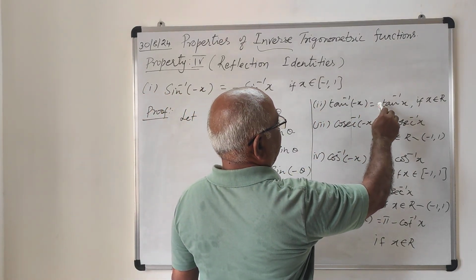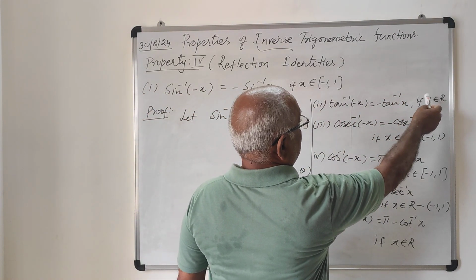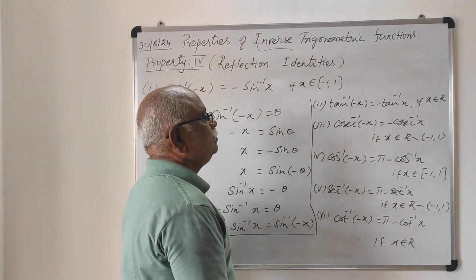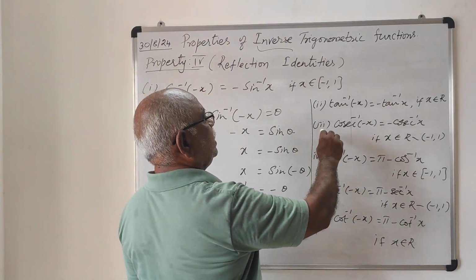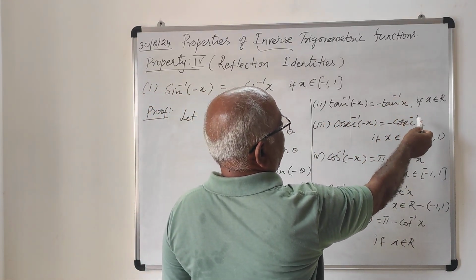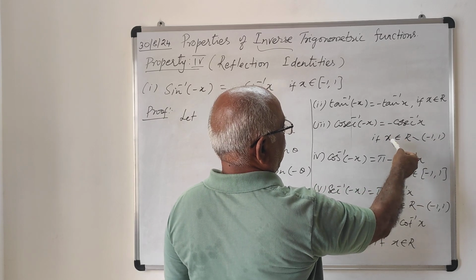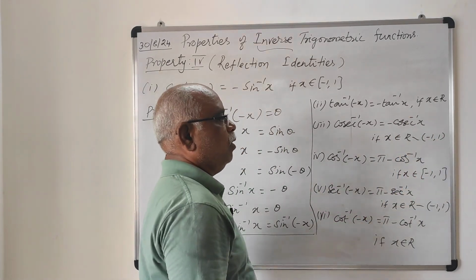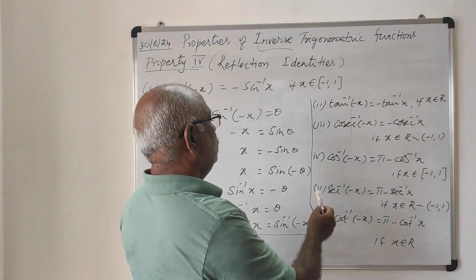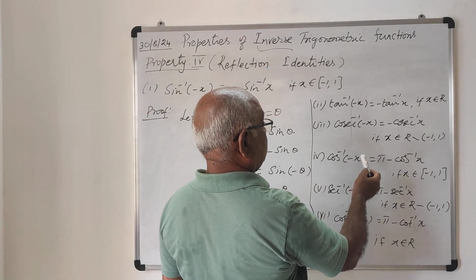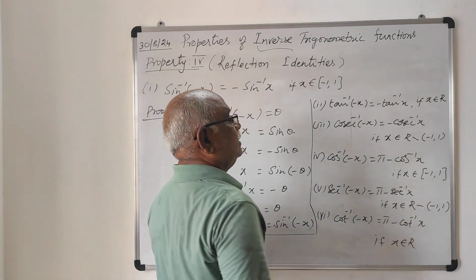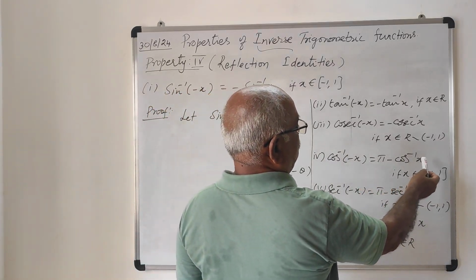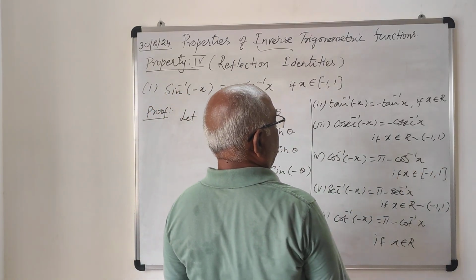Tan inverse of minus x is minus tan inverse of x if x belongs to the real line. The third one is cosecant inverse of minus x equals minus cosecant inverse of x if x belongs to the domain real line except the open interval minus 1, 1. The fourth one is cos inverse of minus x is pi minus cos inverse of x, where x belongs to the closed interval minus 1, 1.